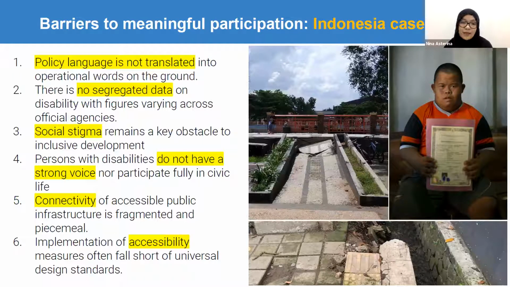And then the last one is that the implementation of accessibility falls short of universal design standards. So somehow the constructions fall behind the planning because they don't understand what truly is meant by universal design. For example, they think of the pattern of the guiding block as only an accessory of the streets.